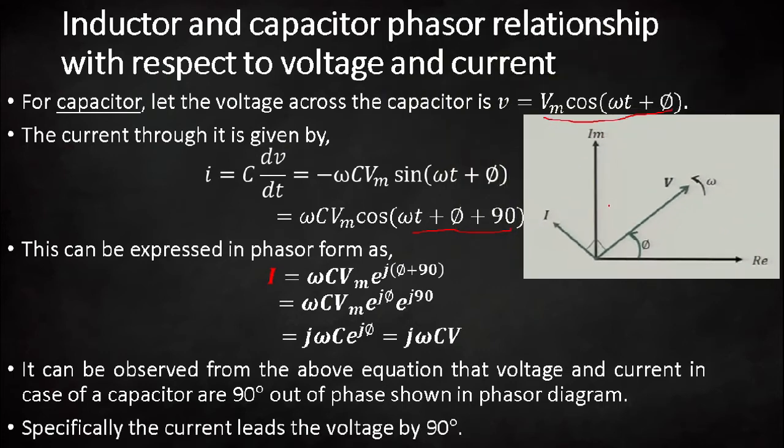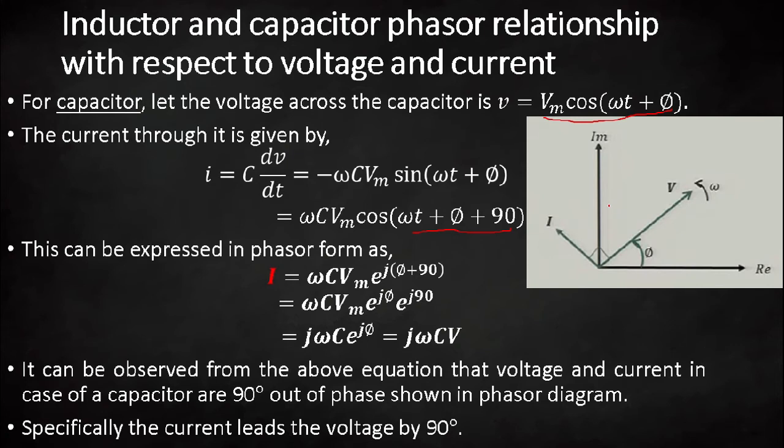Let me just draw the phasor diagram for capacitor voltage and current in the z plane. So here is the real axis and the imaginary axis. V is equal to magnitude Vm at an angle of omega t plus phi, which is rotating at frequency omega. And current is at omega t plus phi plus 90.